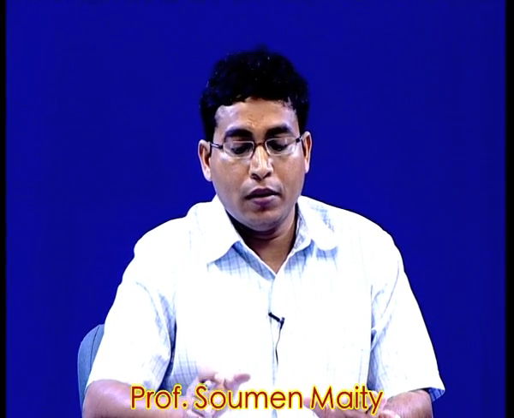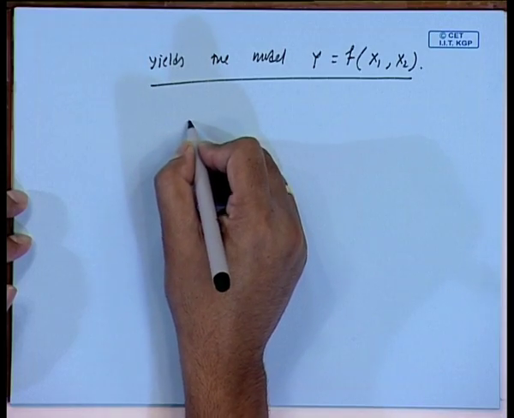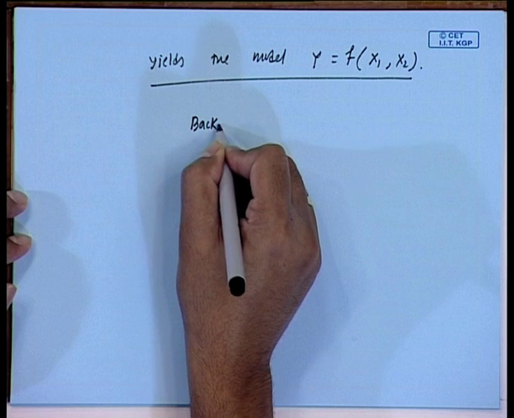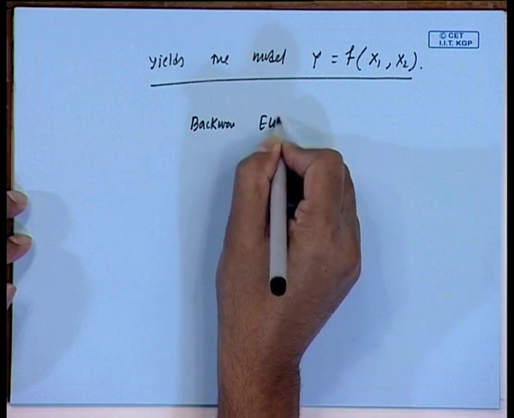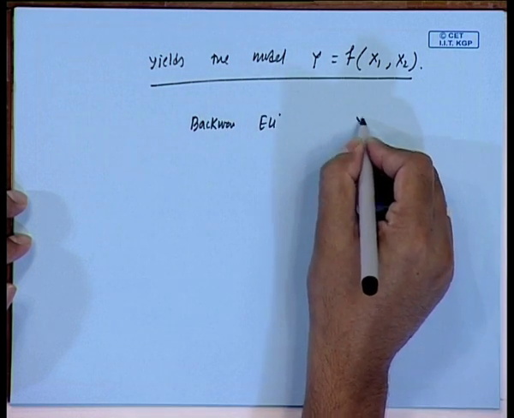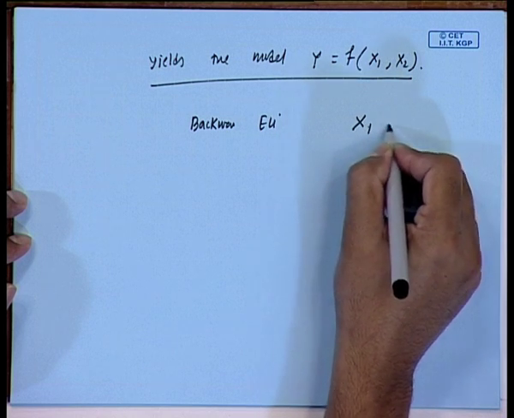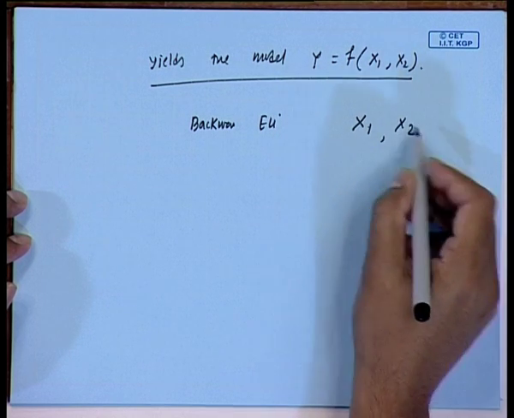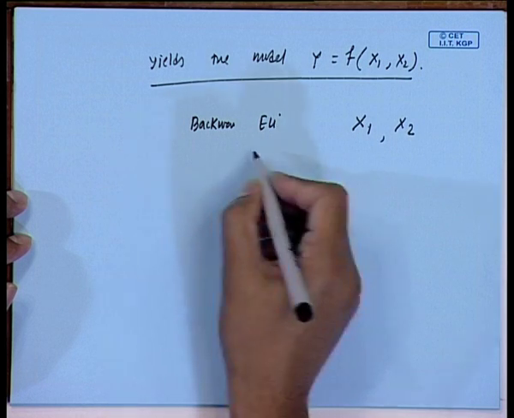Now, I just want to mention that the results of the different selection algorithms are different. If you can recall the backward elimination, the final model involved x 1 and x 2.